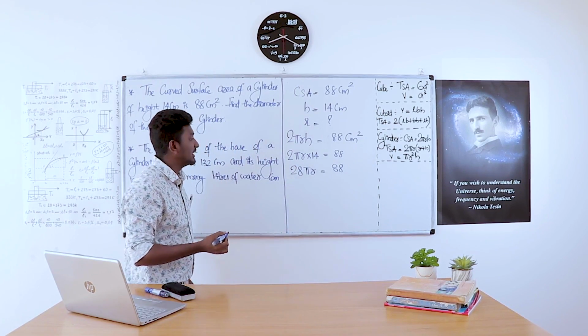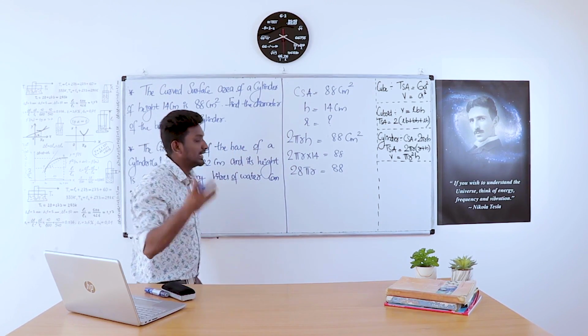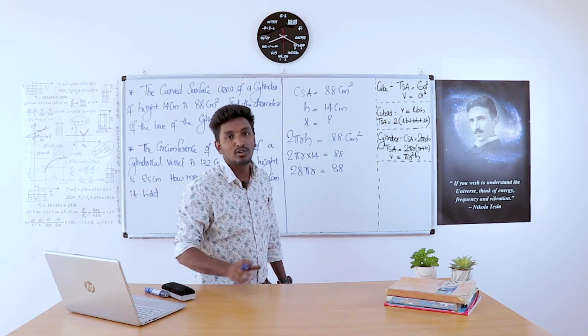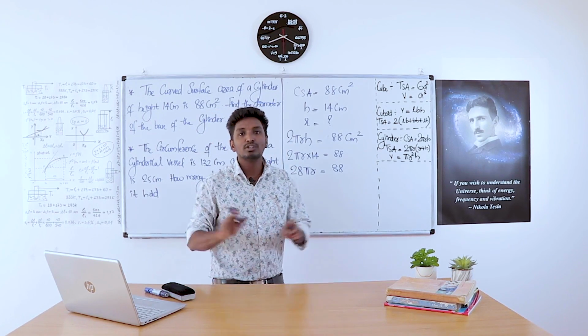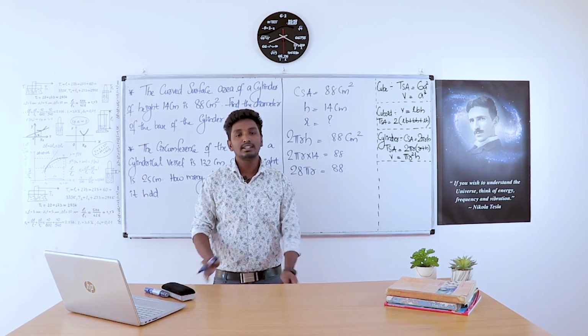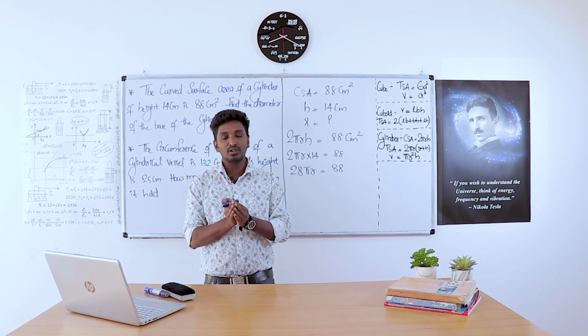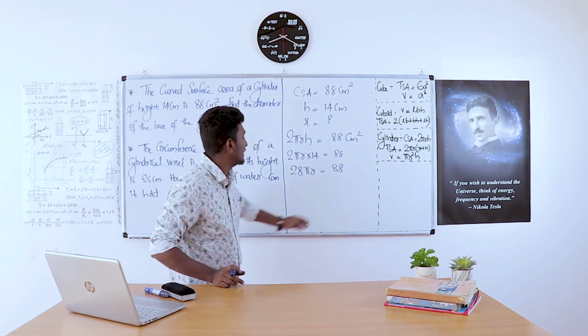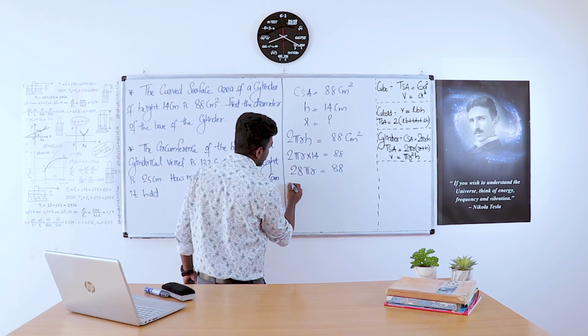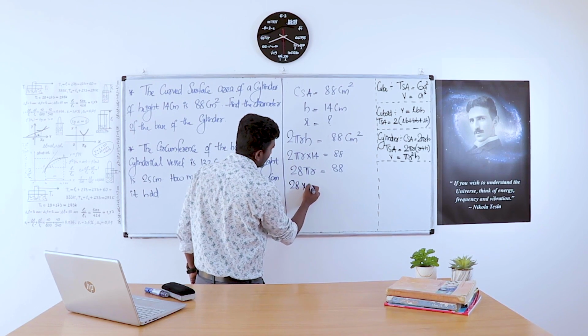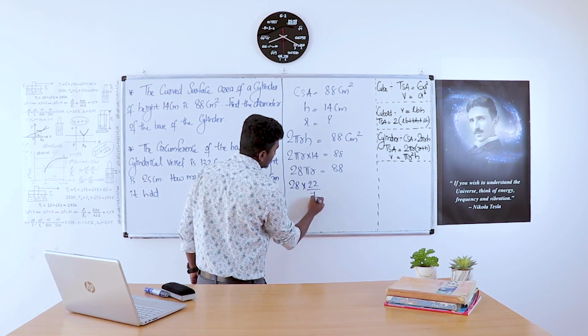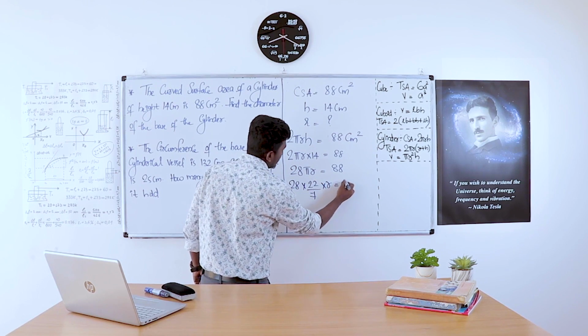Now substituting the value of pi. What is pi? You can either substitute 3.14 or 22/7. Both values are okay. Now I am substituting 22/7. That is 28 into 22/7 into radius is equal to 88.